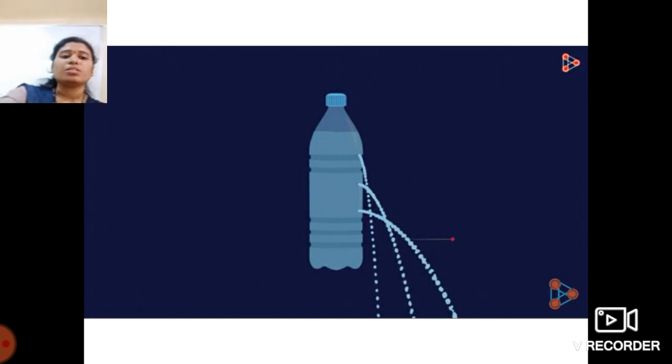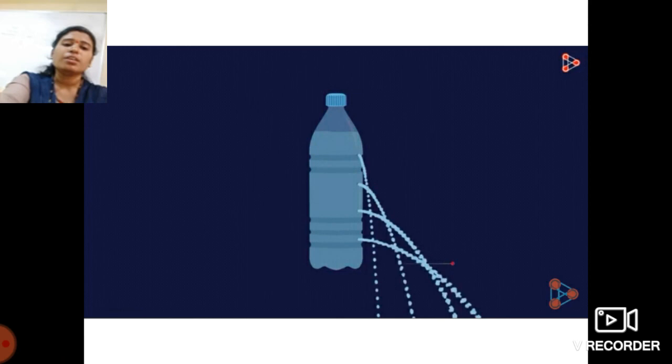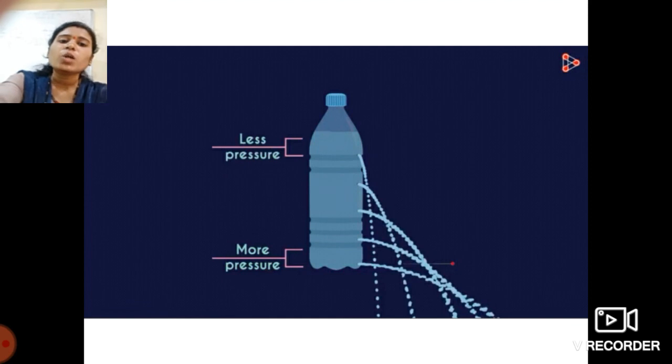We continue to make holes on the wall and notice that the water literally squirts out. This proves that the pressure at the bottom is much more than the pressure at the topmost layer.